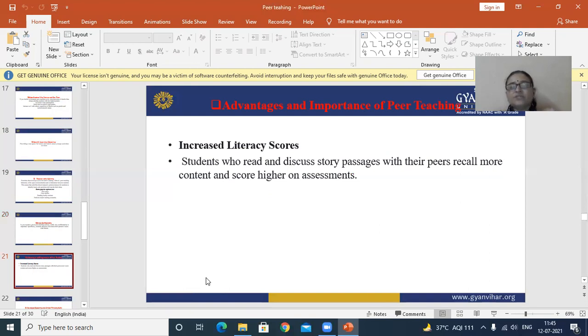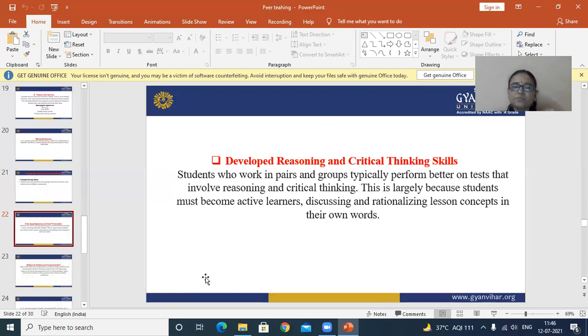Advantages and importance of peer teaching: increase literacy scores. Students who read and discuss a story passage with their peers recall more content and score higher on assessments. Develop reasoning and critical thinking skills.